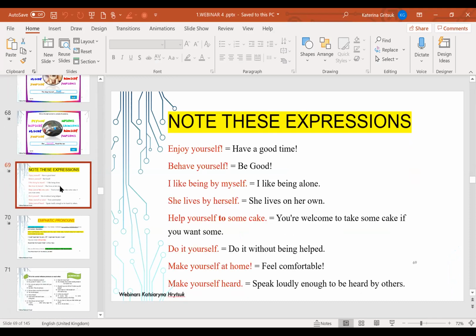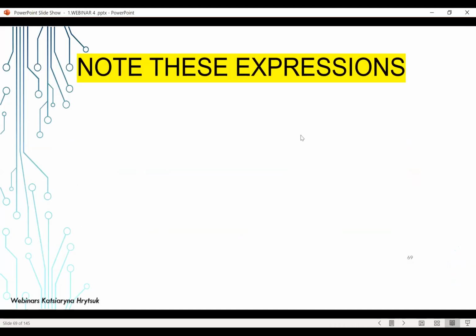I'm going to show you these expressions first. These expressions you need to memorize and know the same as your name. These expressions are used in English really very often. One of the first expressions is enjoy yourself, when you wish someone to have a good time.